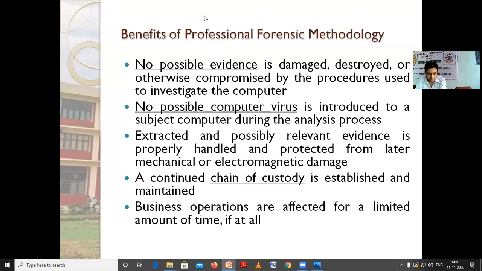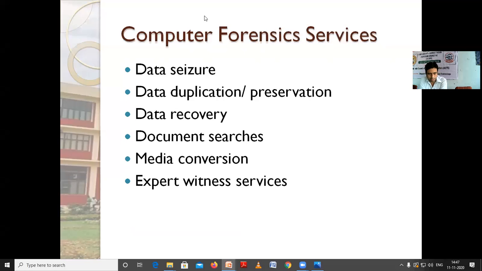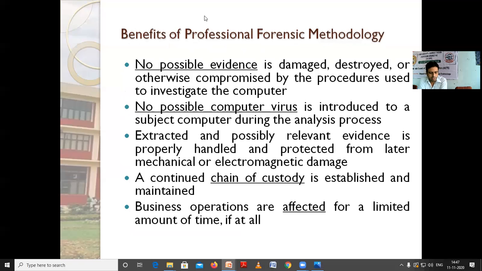These are easy steps that any computer professional or computer literate person would be able to perform. But it is suggested to use the services of a professional team because that way no possible evidence could be damaged, destroyed, or otherwise compromised by the procedures used to investigate the computer.